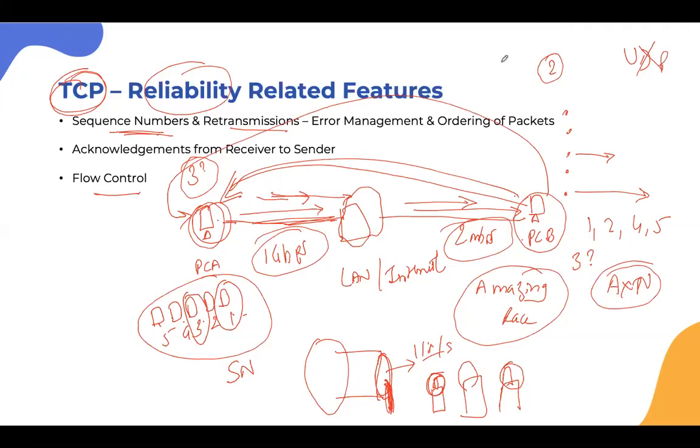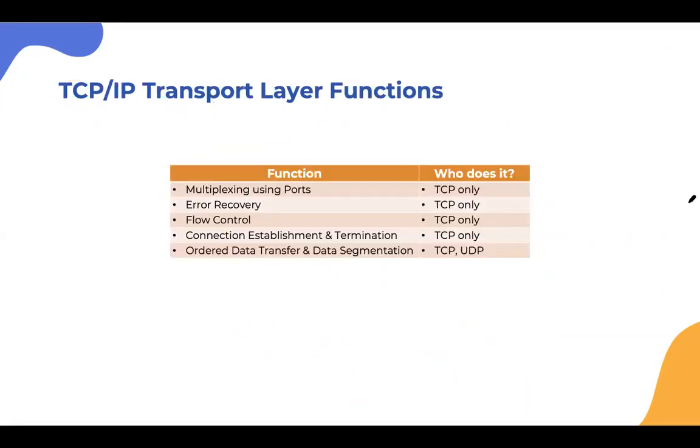So this is TCP. Now, these functions that we spoke about, these are not available in UDP, right? So I'll come to the concept of multiplexing using ports. I've not explained this, I'll explain it briefly. Error recovery, if a packet is gone, how to request it back again.